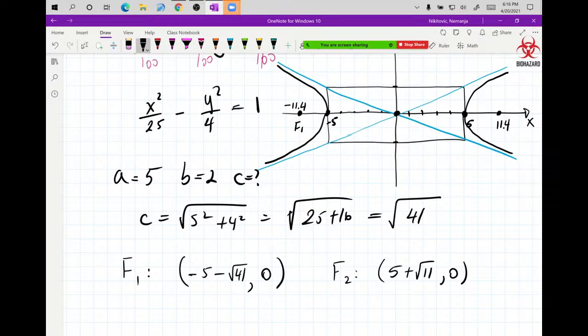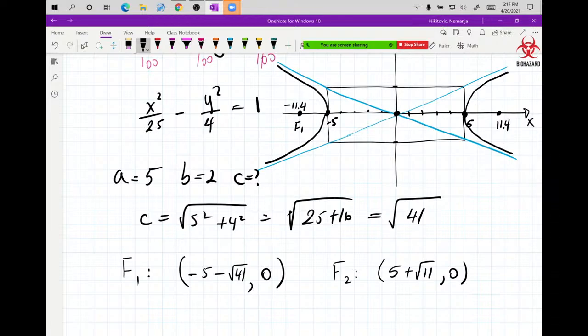Our next problem is going to be shifted, so the focal points are not going to be that easy to find, right? We'll have to compute. So we have the two focal points, and we have two vertices. We have the center at 0, 0.